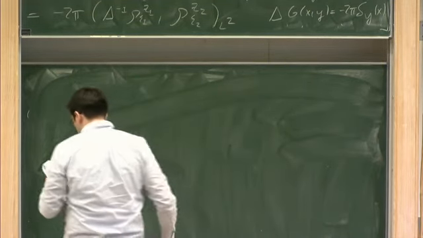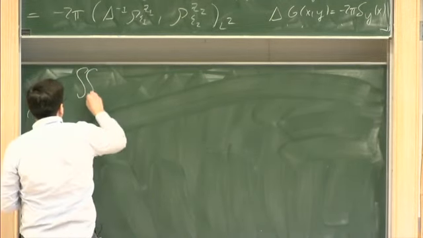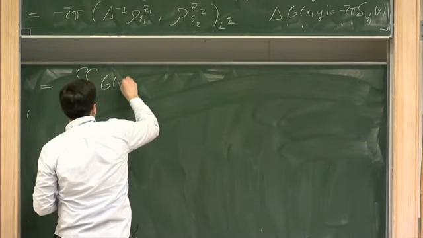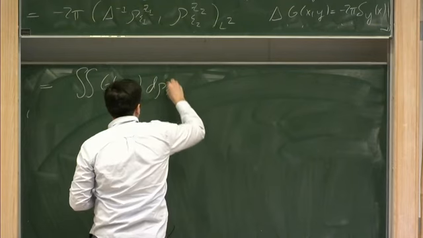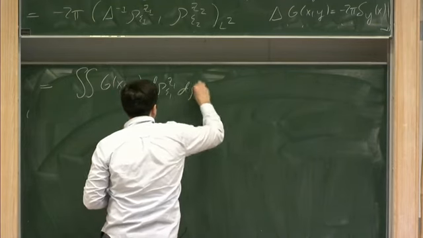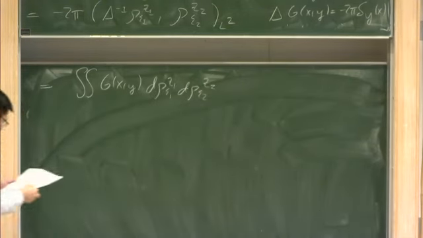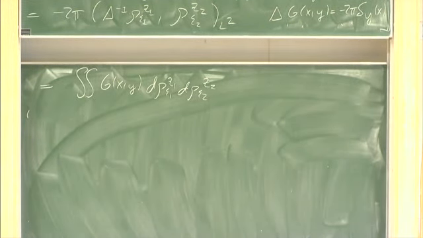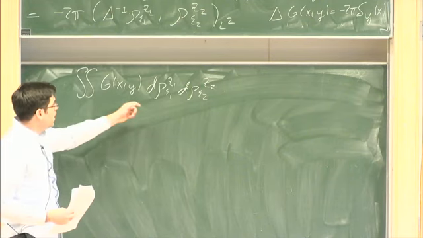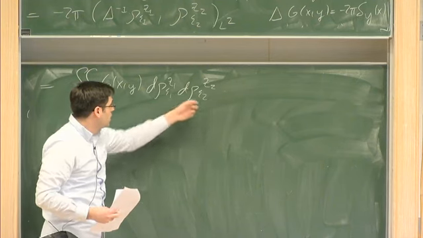Okay, and what is it? It's just given by the integral of the Green's function against these two measures. And this is now a very nice and concrete thing, because this is just the Green's function for the Laplacian averaged on the boundaries of these two balls.